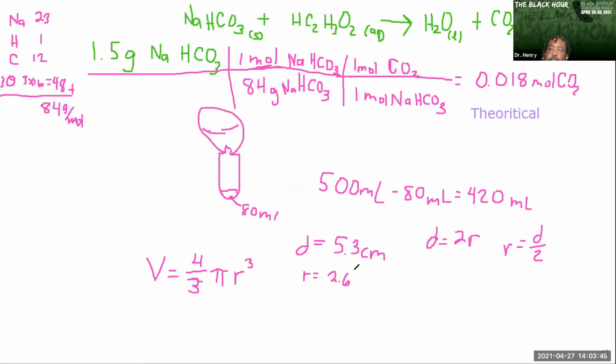Okay, so we'll say 2.6 because there are 2 sig figs in this case, and that 5 isn't exact. Okay, so then we plug that R in here. So our volume is equal to 4/3 pi 2.6 cubed. And we know centimeters are going to be cubed as well.